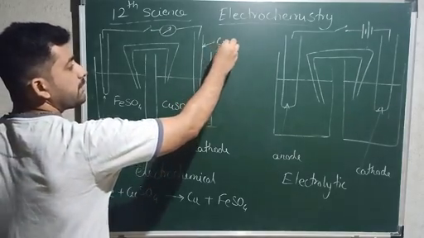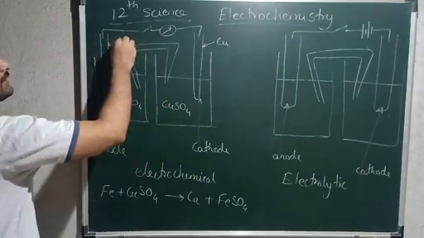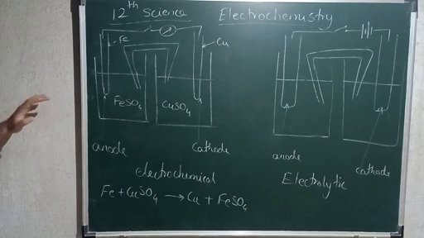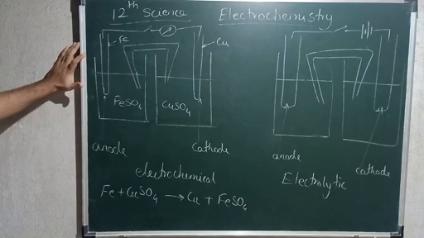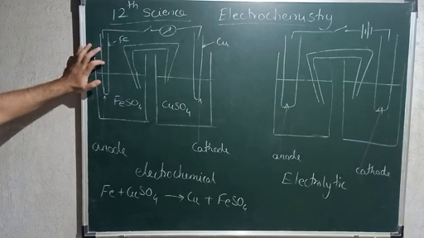This is the copper electrode and this is the iron electrode. Now, as you can see, what is happening over here is this solid metal.